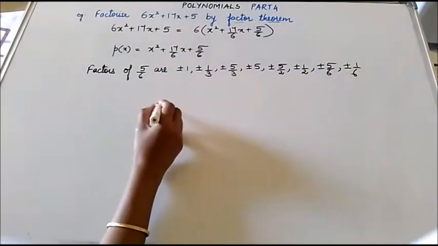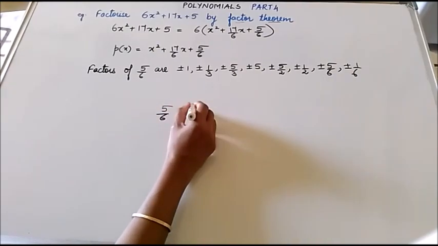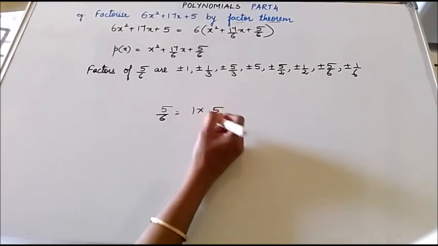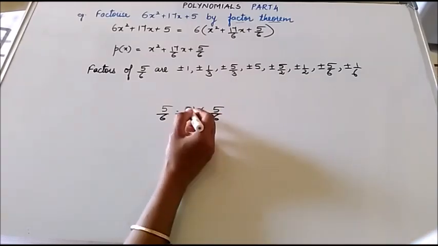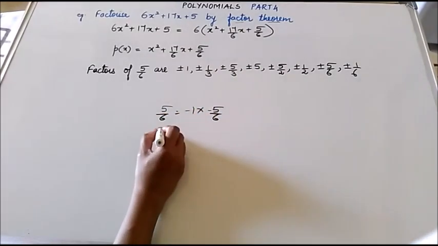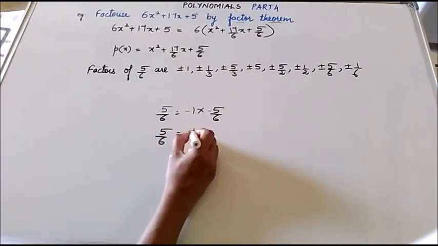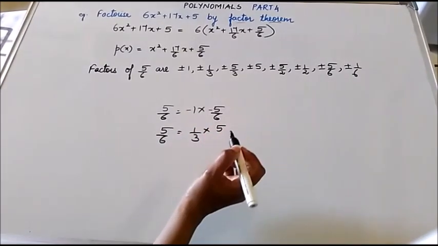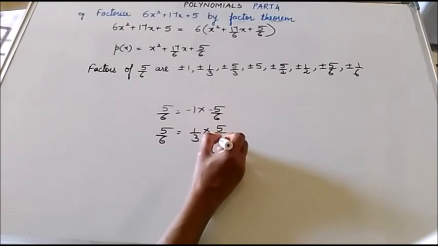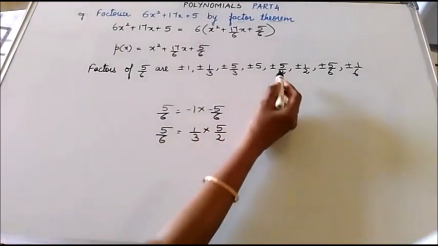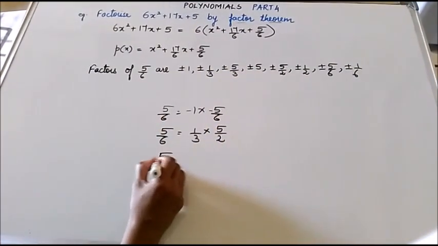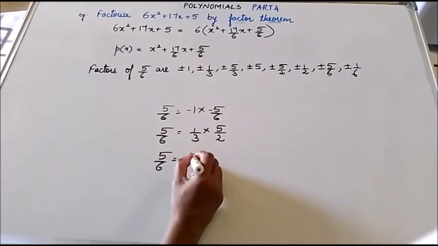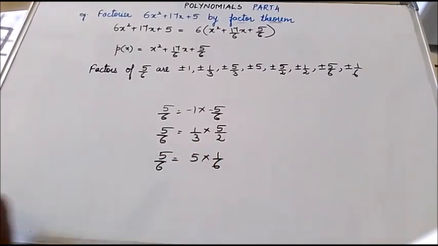Okay, now how did I get this? 5 by 6 can be written as 1 into 5 by 6. So I've got here 1 and 5 by 6. It could be minus minus also. 5 by 6 can be written as 1 by 3 into 5 by 2. You can see that factors also. Same way, it can also be written as 5 into 1 by 6 and so on.